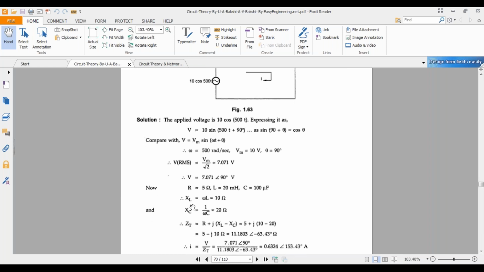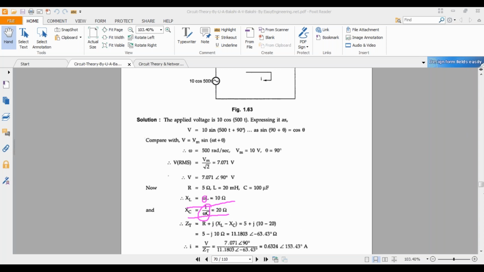Inductive reactance XL is equal to 2 pi f L or omega L, so that you can calculate omega L is equal to 10 ohms, and capacitive reactance XC is equal to 1 by omega C, or that can also be called 1 by 2 pi f C, so that you can calculate by substituting f equal to 50 Hz, an XC value equal to 20 ohms.